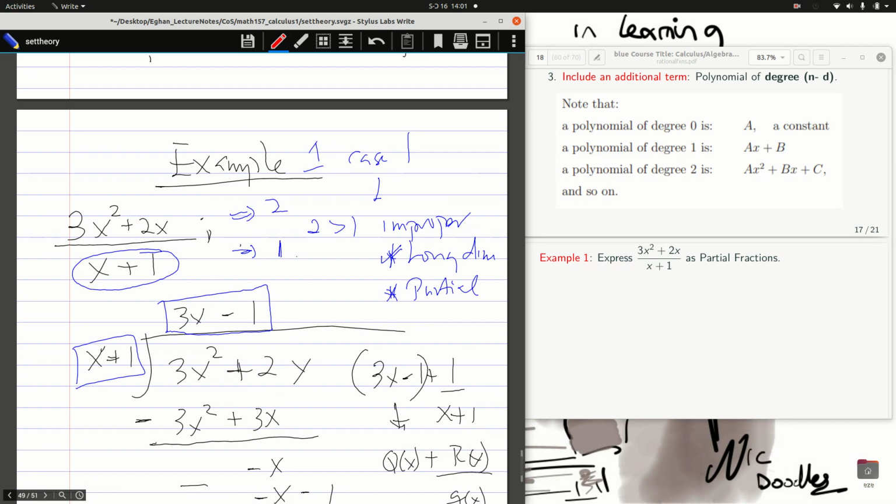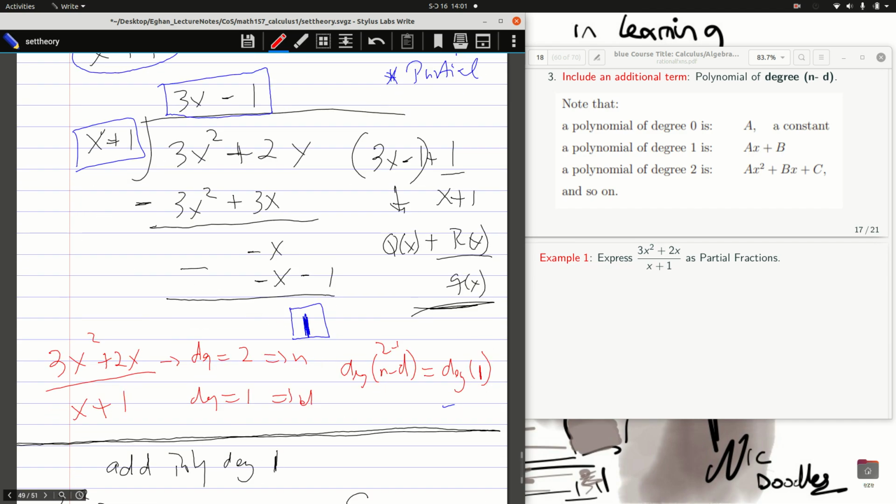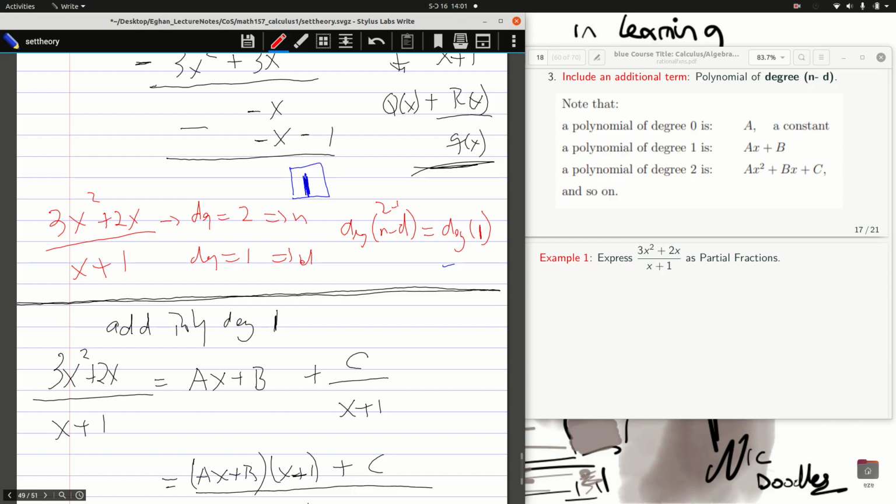If I go back to slide 17, degree of polynomial 1 is this one here, so this is what I have. I add it to the partial form. The partial form, if I look at the denominator here, it is just one linear term, so I have c over that.